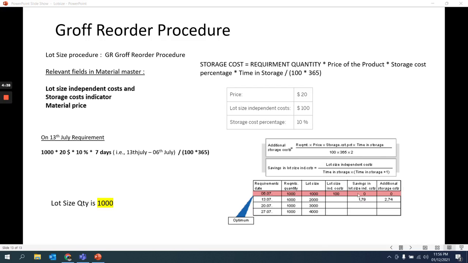Wherever system identifies that the additional storage cost exceeds the savings, system will stop there. So in this case, system stops at the 6th of July requirement itself and calculates the order quantity as 1000 pieces, because on 13th of July the additional storage cost exceeds the savings.